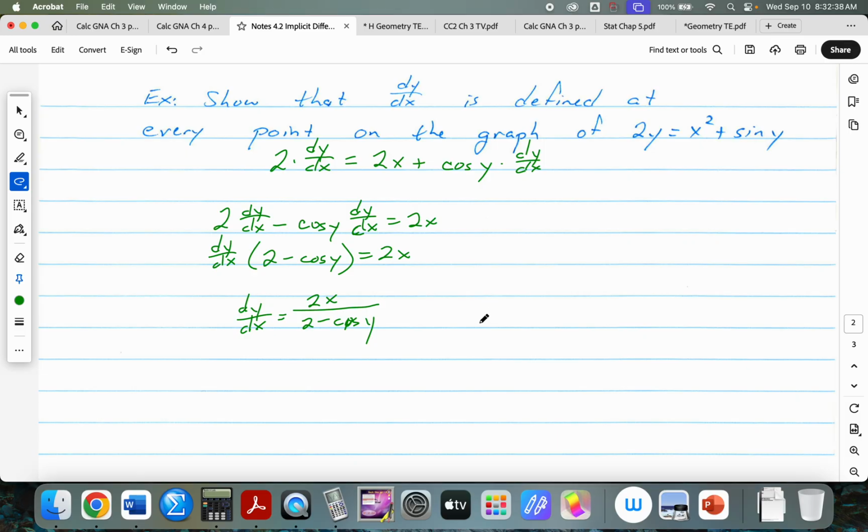Is it possible? So I'm going to write that out. Undefined if 2 minus cosine of y is equal to 0. Everywhere else it should be defined, right? Well, adding cosine, 2 equals cosine of y, is that ever going to happen?